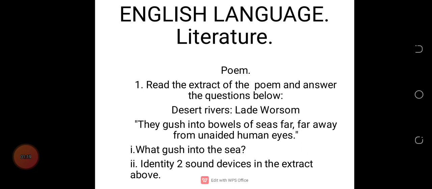So they gush into bowls of seas far, far away from unaided human eyes. Then question 1 says, what gushed into the sea? Then, identify two sound devices in the extract above.